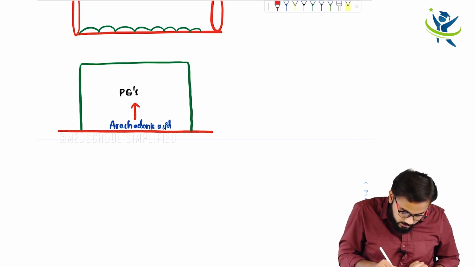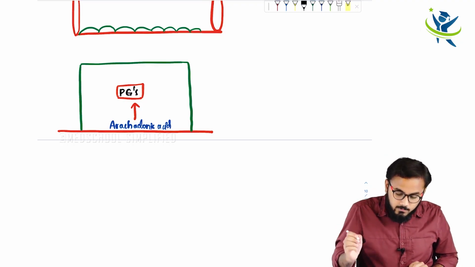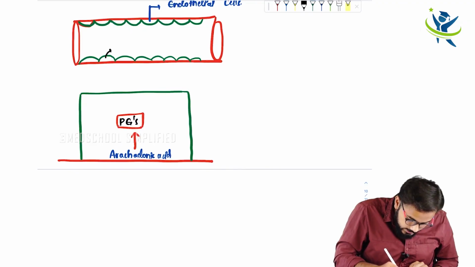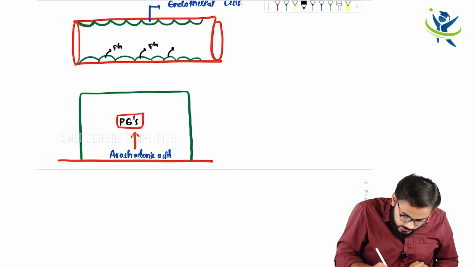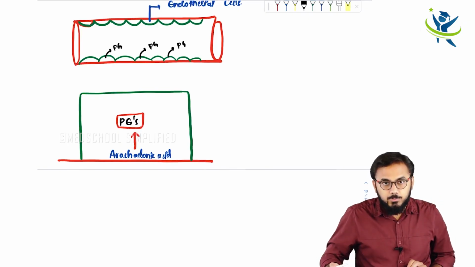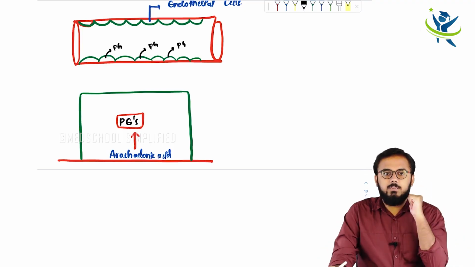And what is the function of these prostaglandins? Prostaglandins perform two functions. Look here now. From each endothelial cell, prostaglandin is released. This released prostaglandin will cause dilation of the vessel.